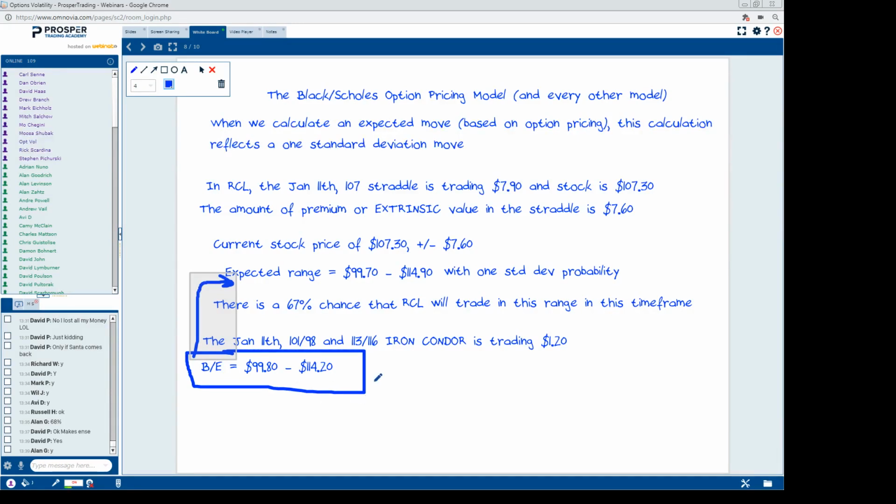Typically, when we have an iron condor or some other sort of credit spread that aligns with an expected move, we look for close to 1-to-1 reward to risk.